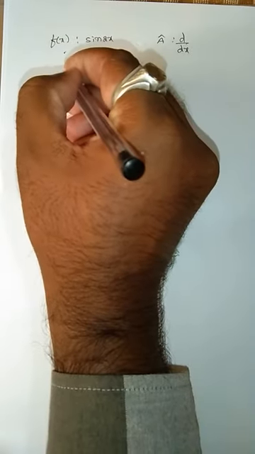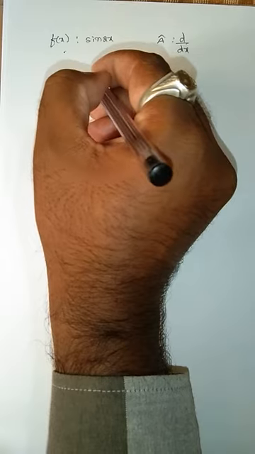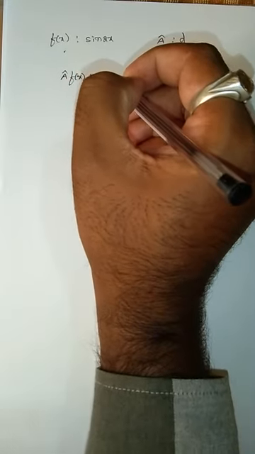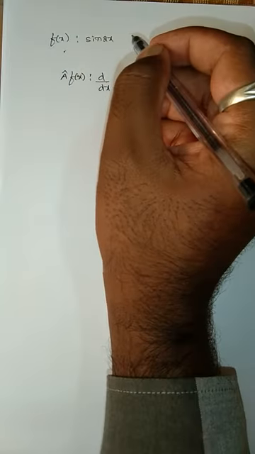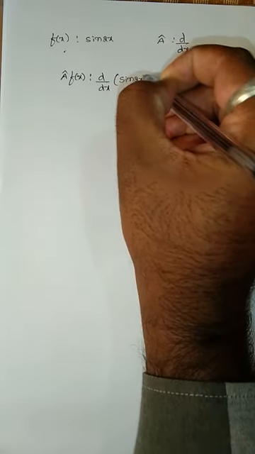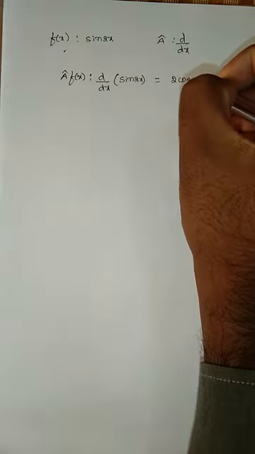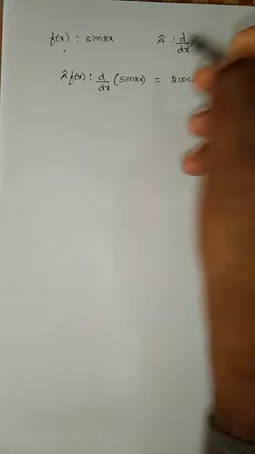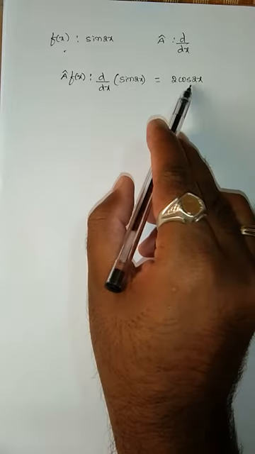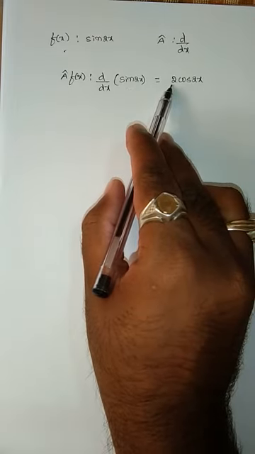So A cap of f of x is d by dx of sine 2x. When you perform d by dx on sine 2x, we get 2 cos 2x. So when the operator is performed on a function, we get one more function multiplied with a constant.